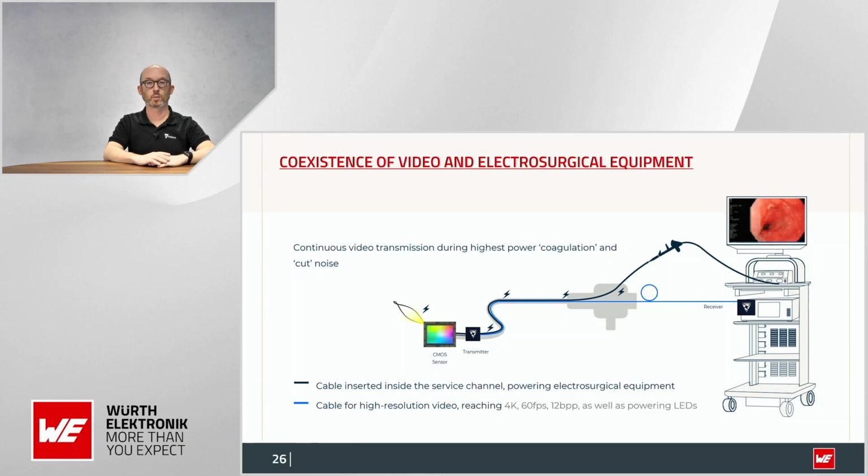And especially when this is used during endoscopy, there's a coupling between both cables which are lying in parallel inside the endoscope. You can see here the black one is the cable used for powering the electrosurgical equipment, and the blue one is the cable which is powering the camera and also the LED light, and which is also transmitting the high resolution video, here in this case with 4K 60 frames per second.